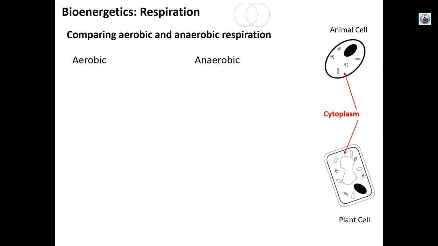So now let's jot down the similarities and differences. Well, the first difference is aerobic respiration requires oxygen. So glucose reacts with oxygen to release energy, and anaerobic respiration is without oxygen.